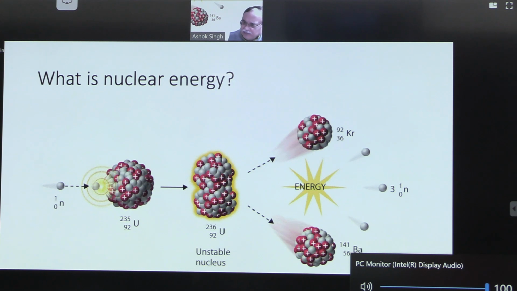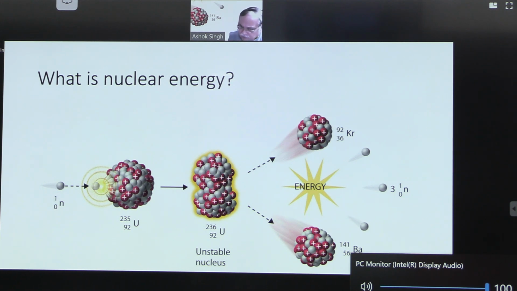So smaller nuclei, because of the splitting, energy is produced. And along with energy, some more neutrons are also produced. See, these neutrons are very important. Without these neutrons, we would not be able to use this as a practical source of energy. So to recapitulate, uranium nucleus bombarded by neutrons.